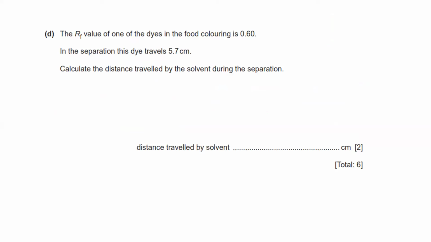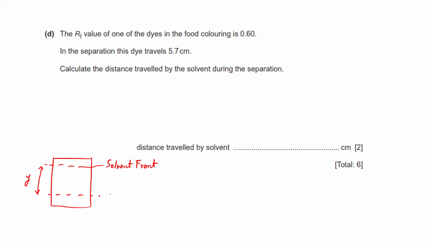Then it says, the RF value of one of the dyes in the food coloring is 0.6. In the separation, the dye travels 5.7 centimeters. Calculate the distance traveled by the solvent during the separation. Remember what the RF value is. For example, this is your chromatography paper. This is your initial line, or baseline, and this is your solvent front.